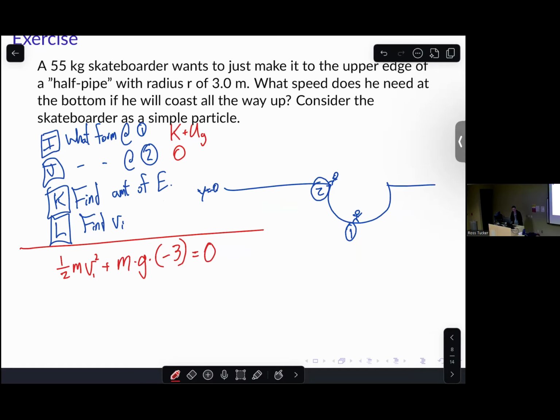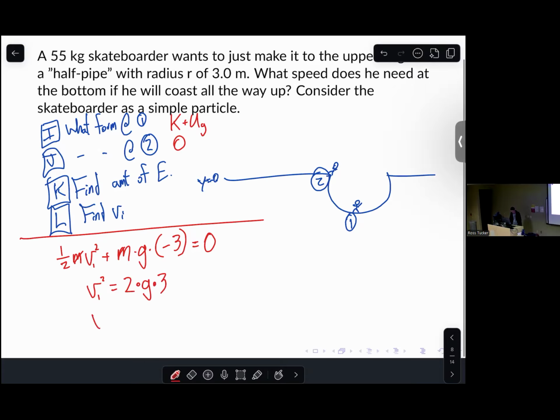Well, I've got m, but who cares, right? I don't need m. m cancels. Divide both sides by m. What's 0 over m? So I then have, let's see, g. Oh, I've heard a rumor about what g is. And I can add 3g to both sides, right? g times negative 3 is minus 3g. You okay with that? And then I substitute in a value.